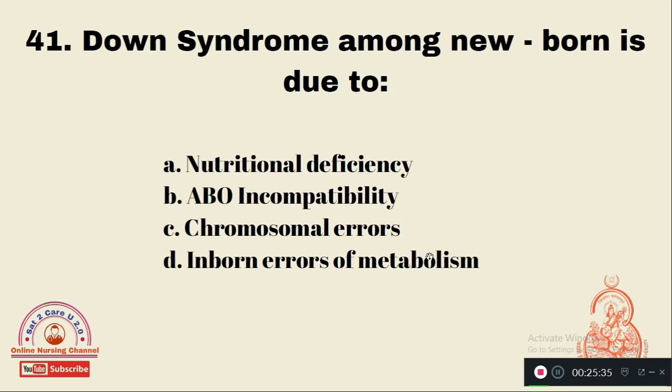Down syndrome among newborns is due to option A, nutritional deficiency. Option B, ABO incompatibility. Option C, chromosomal errors. And option D, inborn errors of metabolism. So Down syndrome is commonly due to option C, chromosomal errors.